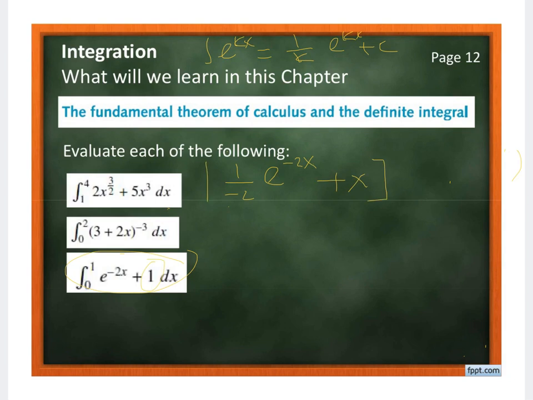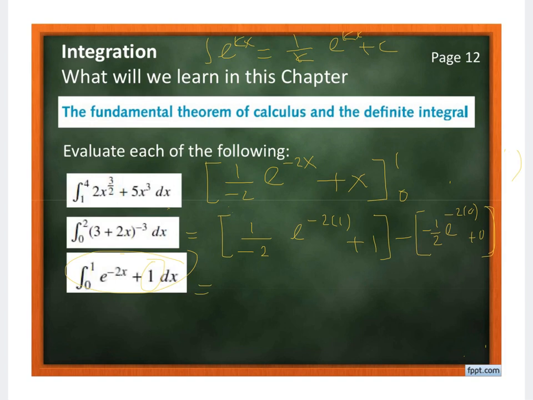The interval is 1 until 0. So equal 1 over negative 2 e negative 2 times 1 plus 1 minus 1/2 e negative 2 times 0 plus 0.